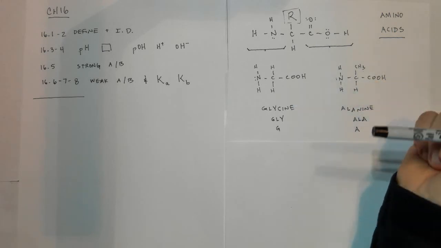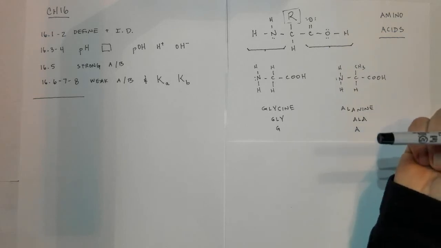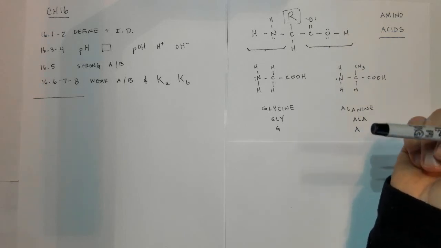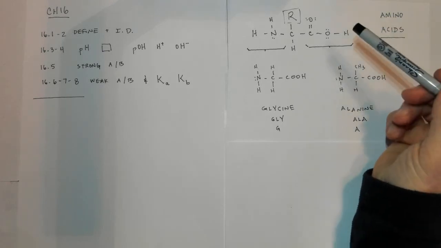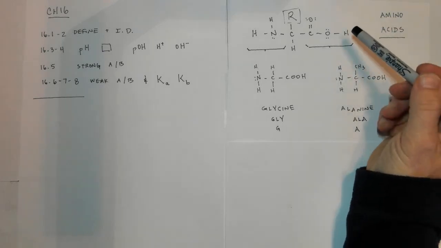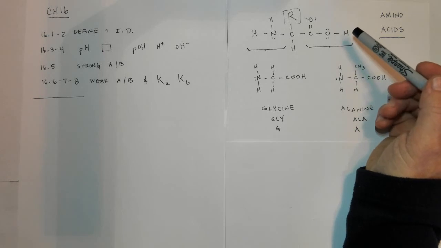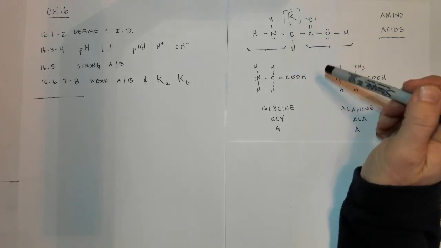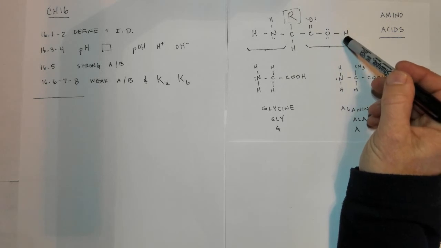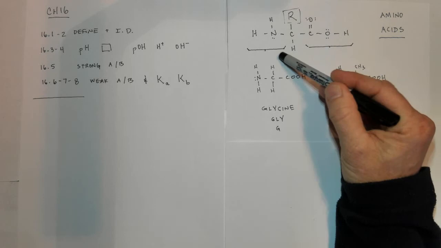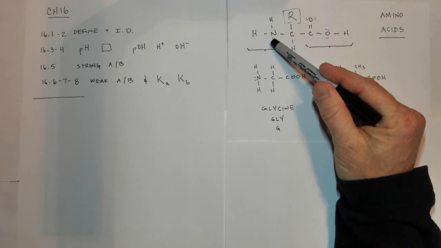And we learned last video cast that bases are proton acceptors, and so one of the things that amino acids do is that when they exist in large amounts, which they always do because they never exist as single molecules, they can react with themselves, and this hydrogen can be given away to this other end of the molecule right here, which is the basic end.